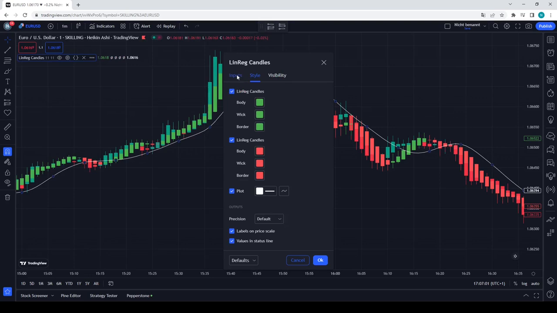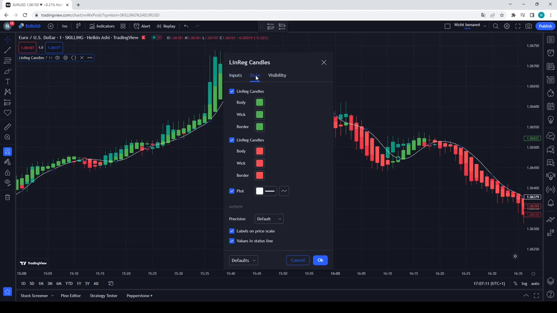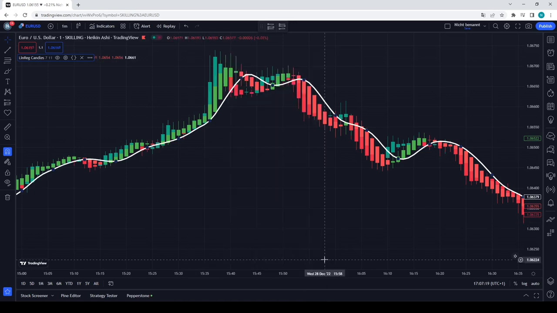In the settings, under input, we put the signal smoothing from 11 to 7. Then in the style, we make the line of the plot a little bit thicker so we can see it better. Click on OK, and that's it for that one.